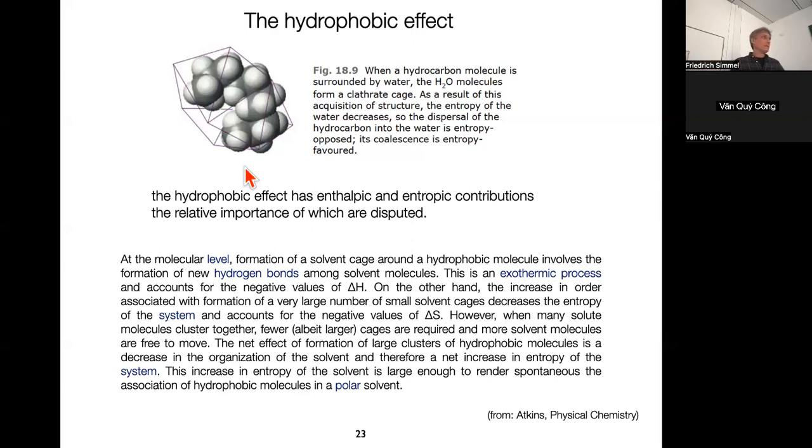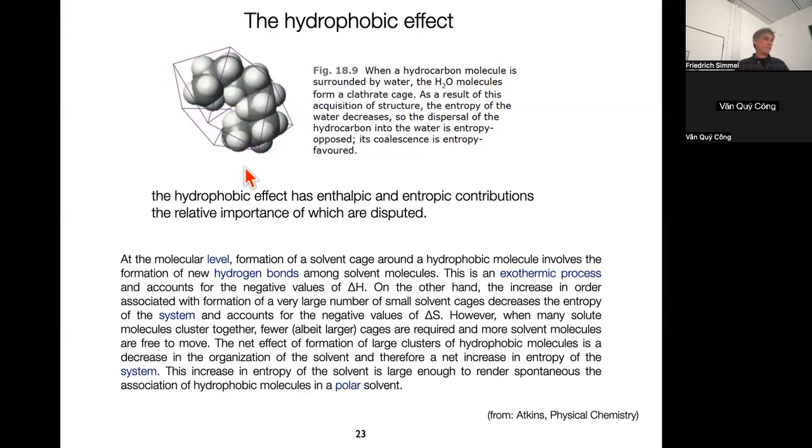And the effect of that is that because water doesn't like to interact with these hydrophobic molecules, it needs to somehow make some type of hydrogen bonded network around your hydrophobic molecule. And now this has a certain surface, and a certain number of molecules are bound in this kind of complex.